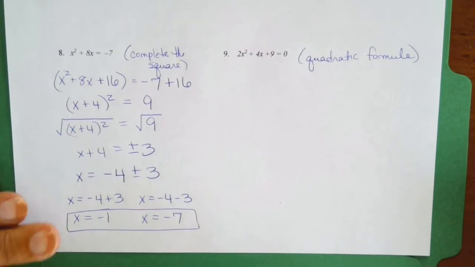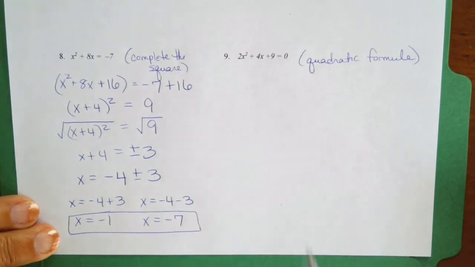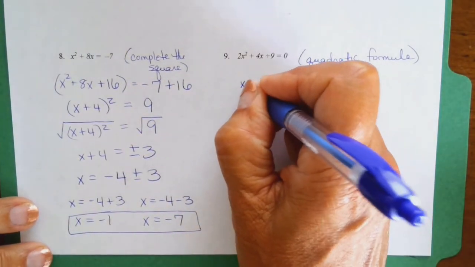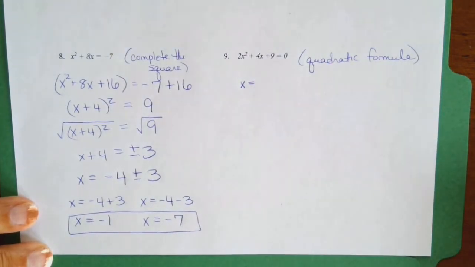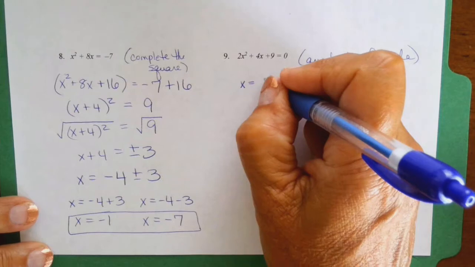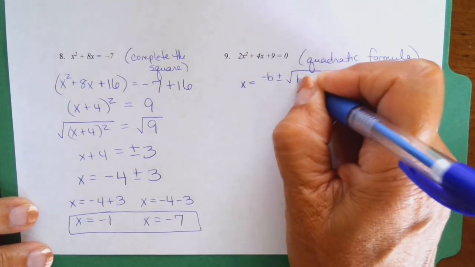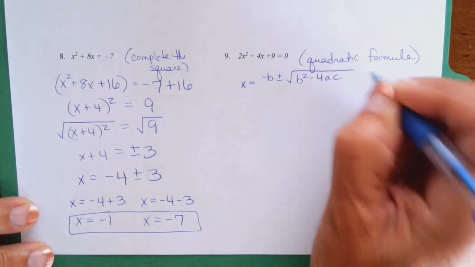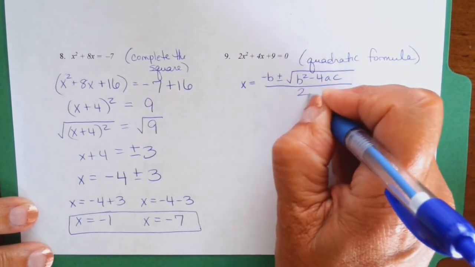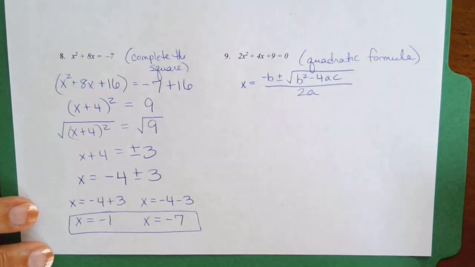All right, last thing is the quadratic formula. So let's remember that. And the quadratic formula is just helping you find x, right? The solutions. So it's x equals negative b plus or minus square root b squared minus 4ac all over 2a. Okay, hopefully you remember that.